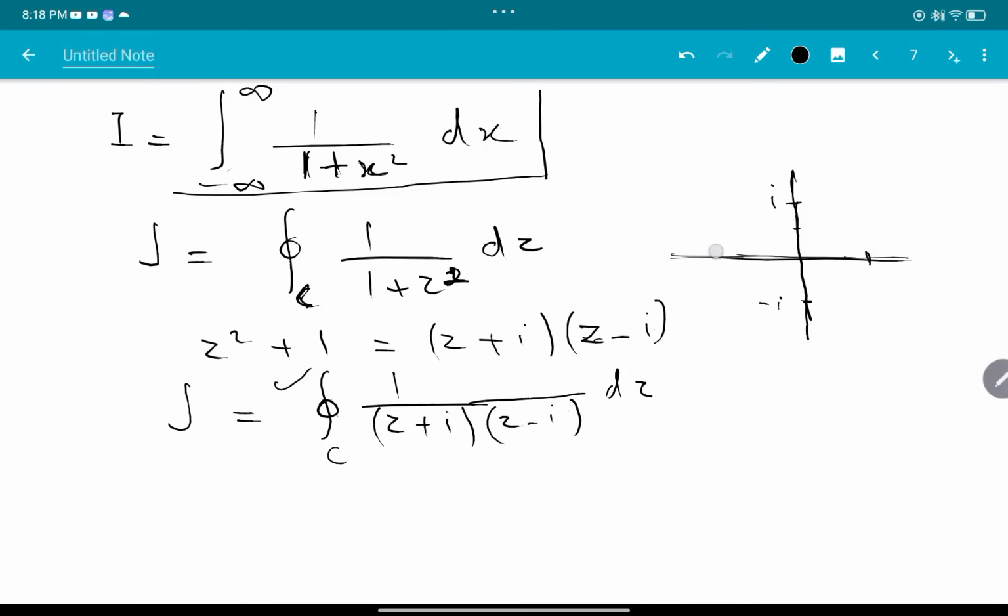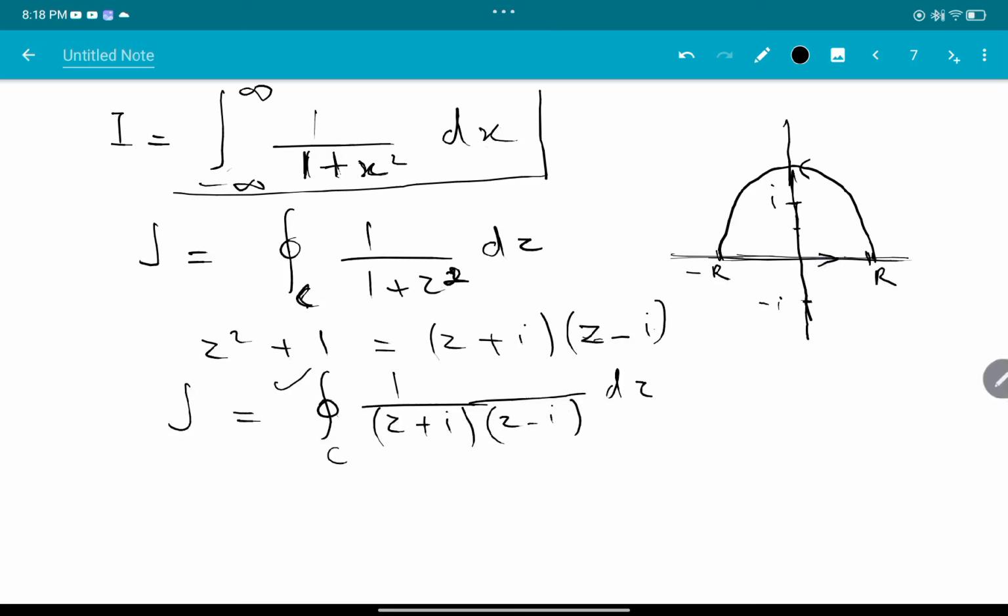I will choose a curve whose radius is r, so that this is minus r, this is plus r. From plus r to minus r, I will choose a semicircular curve, and then going from this to this.